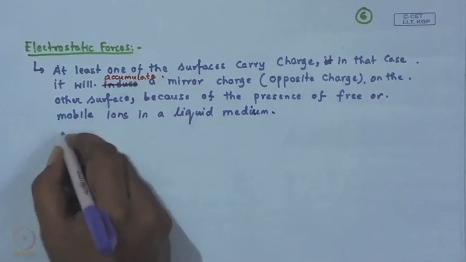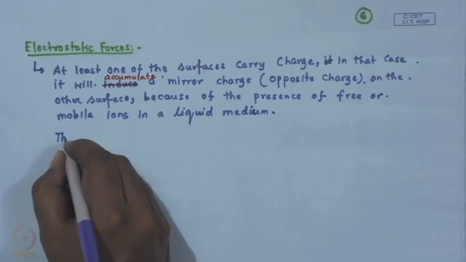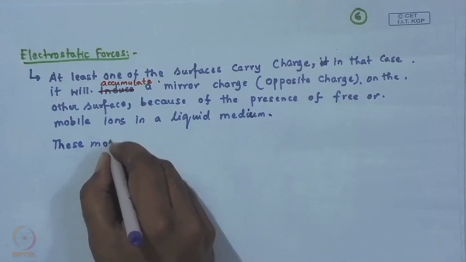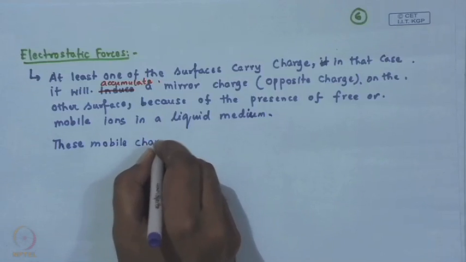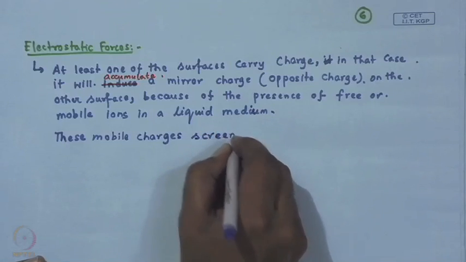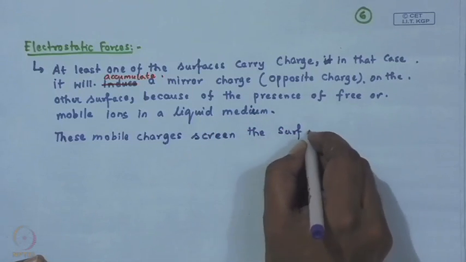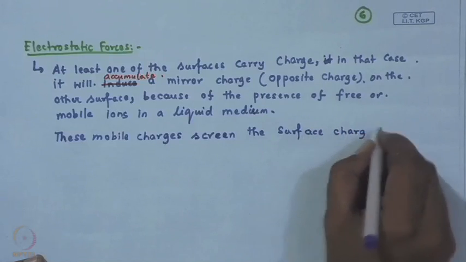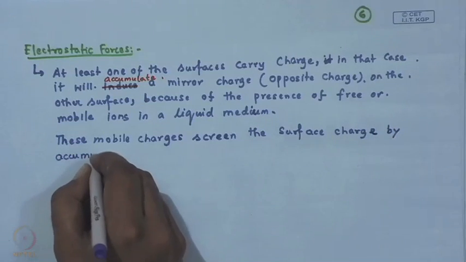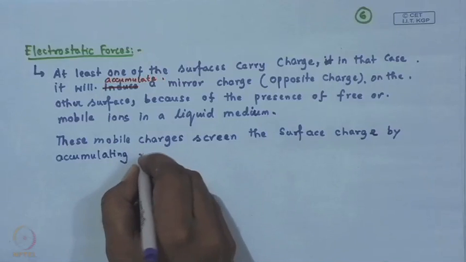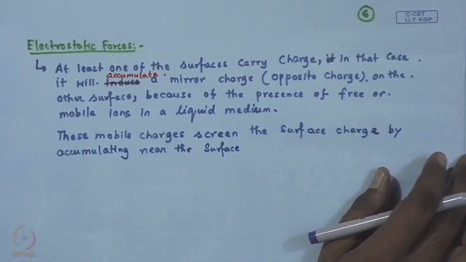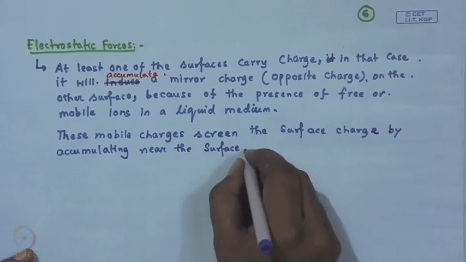I am just coming to it with an example. So, these mobile charges screen the surface charge by accumulating near the surface with opposite charge.